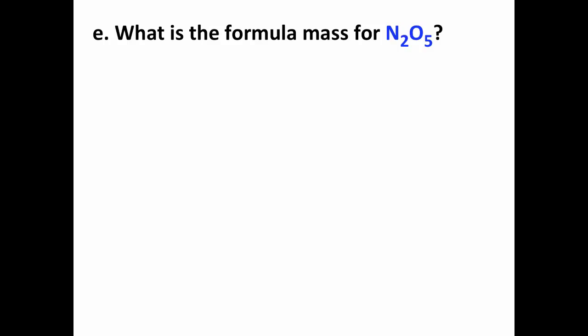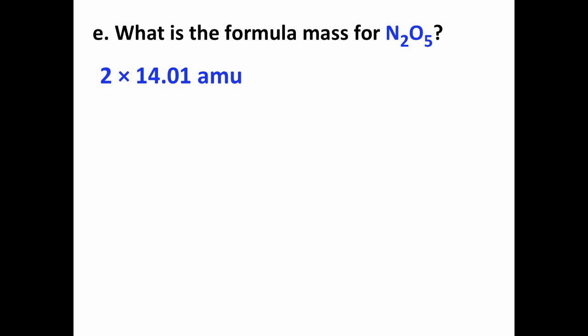Specifically, we'd need the molar mass or a mass spectrum or something like that. And in this case, I'll just simply tell you that it turns out that the compound we just analyzed, the molecular formula is the same as the empirical formula. So the substance is dinitrogen pentoxide, N2O5.